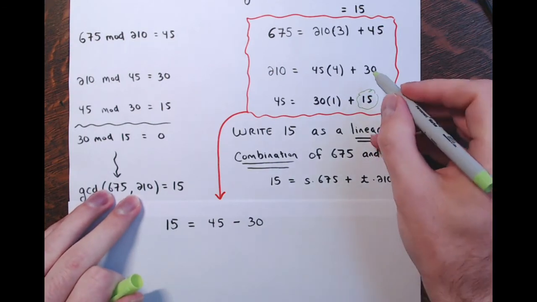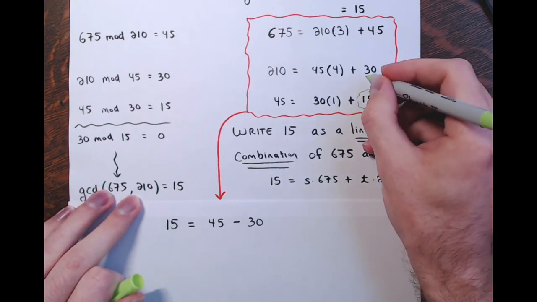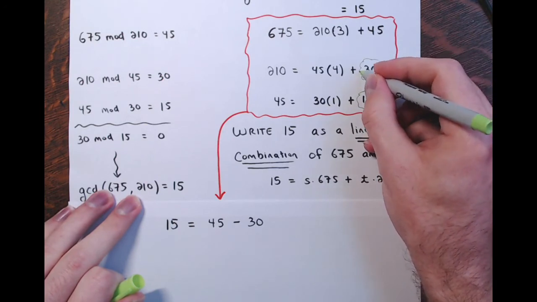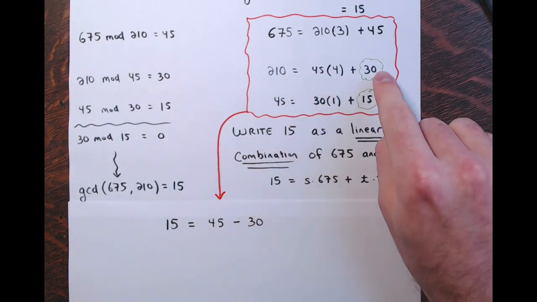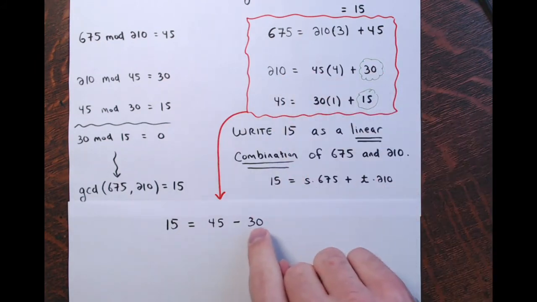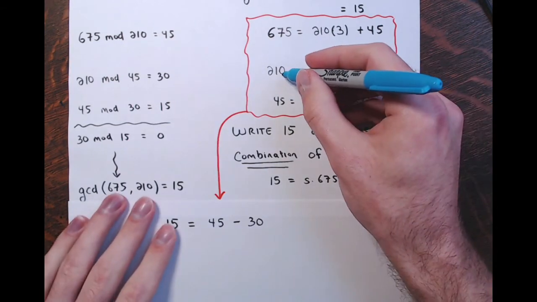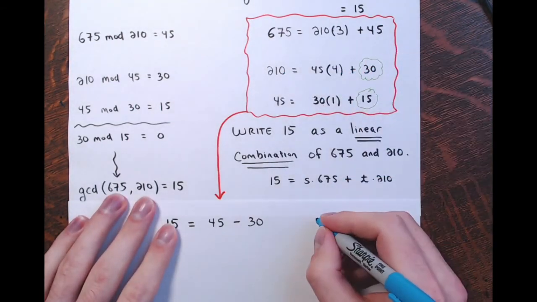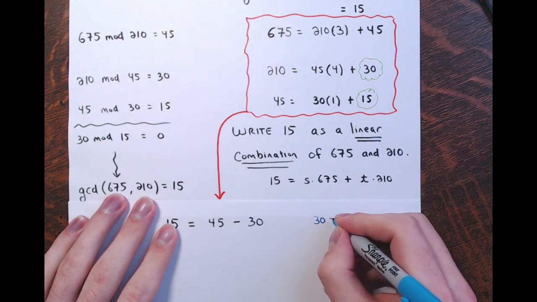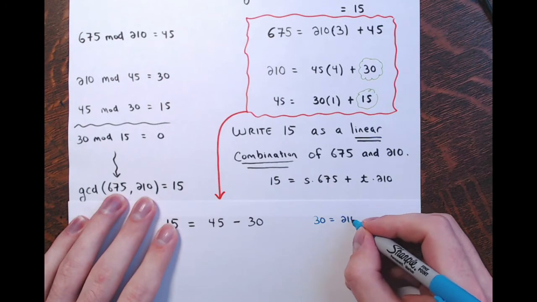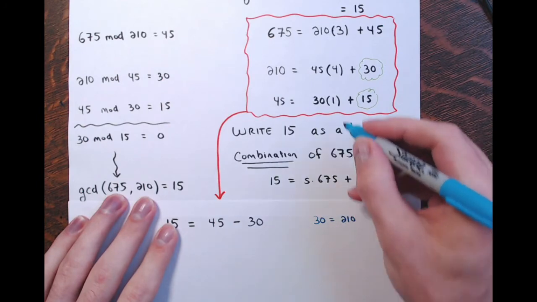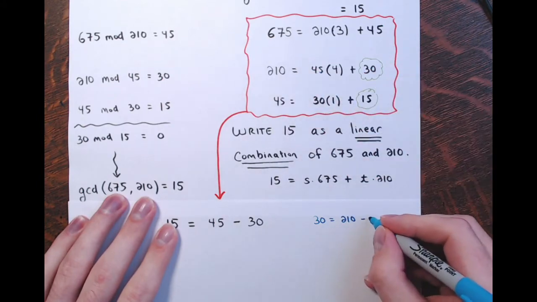Now the remainder before that is 30. I'm going to solve for 30 in that second statement, and then we're going to substitute it into this statement with 15 equals. So from this second line with 210, if you were to solve for 30, 30 would be equal to 210 minus 4 times 45.